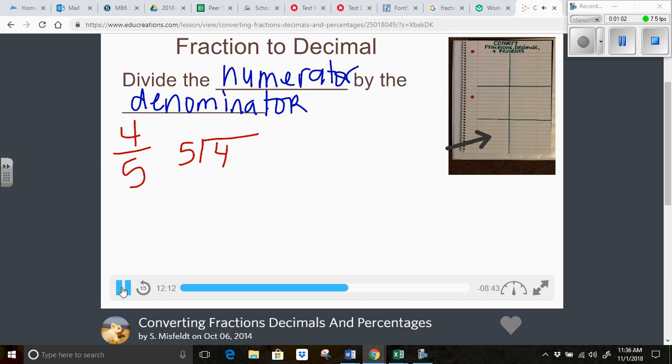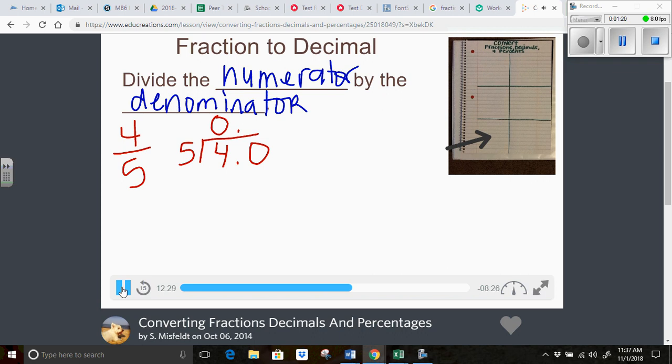So we're going to start our division. Can 5 go into 4? No. So we're going to put a 0 in our quotient. Now, because we want to keep this division alive, we're going to add a decimal and a 0, and I'm going to transfer that decimal up into my quotient.